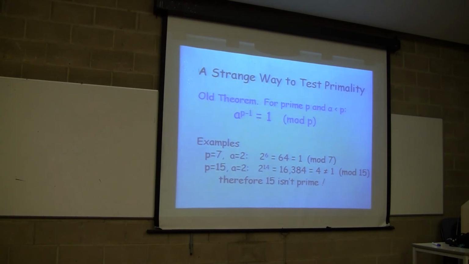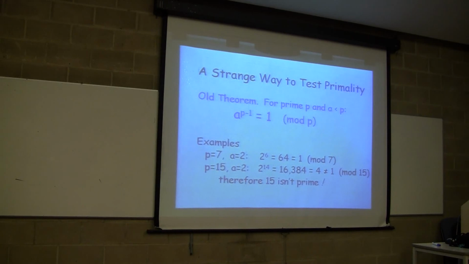But this proves it to you in a different way. It doesn't prove it by exhibiting the factors, 3 times 5. It proves it by saying P fails to have a property that we know prime numbers have, and therefore it can't be prime. And you can use this as the basis of an algorithm which can test primality without going through the factorization process.